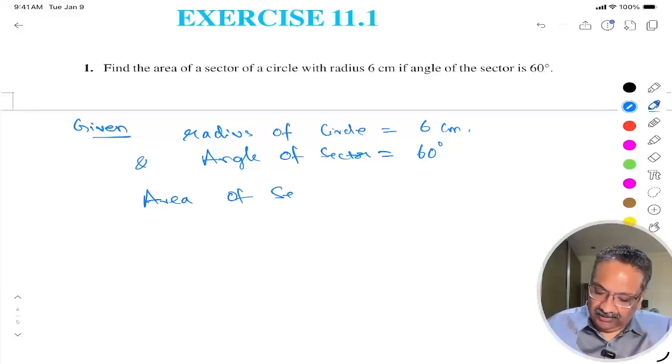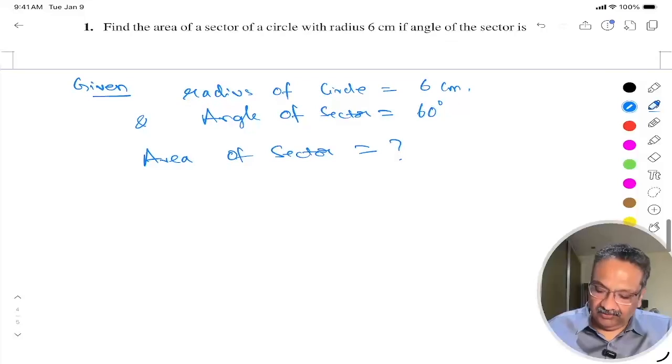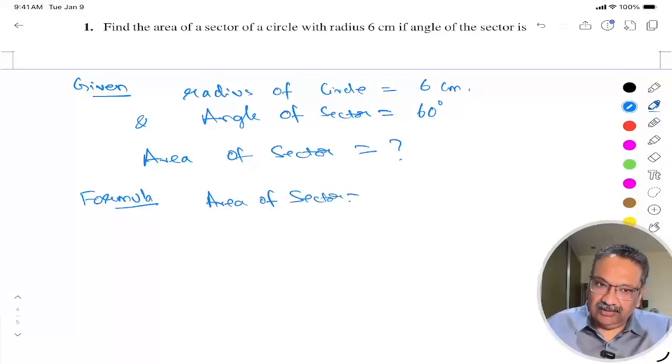Now, what is the formula? The formula to find area of sector is theta by 360 into pi r square. This will be theta and this will be r.